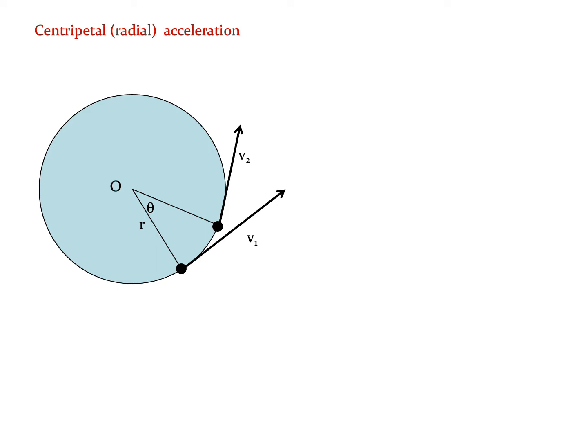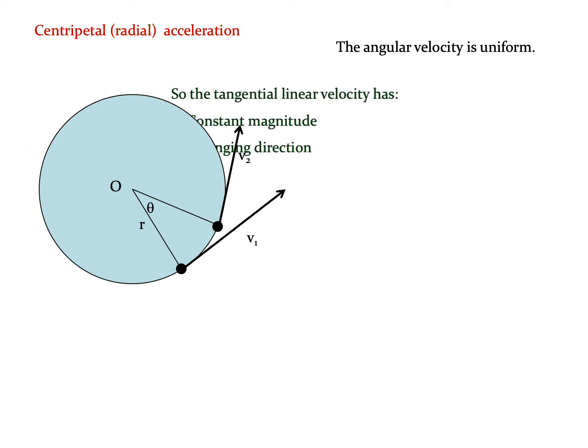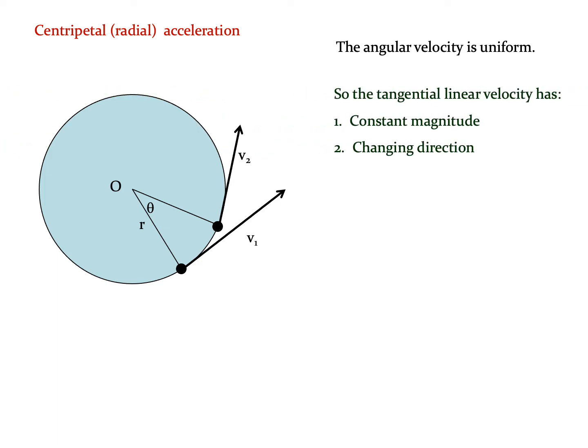So there we have v1 and v2. A reminder that the angular velocity is uniform, and therefore the tangential or linear velocity must have constant magnitude, but by definition it must have changing direction.